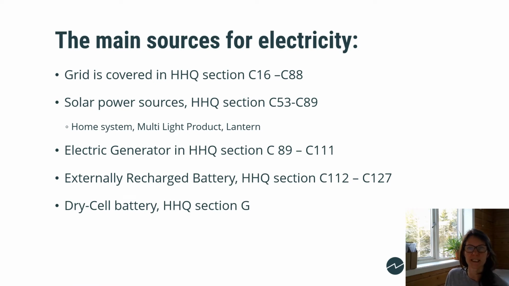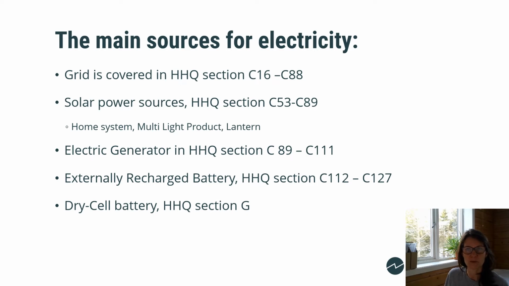The questions needed for tier calculation are organized according to electricity source. The main source categorizations are grid, solar home system, solar multi-light product, solar lantern, electric generator, externally charged battery, or no electricity. Each household is only asked further follow-up questions for the main source of electricity.